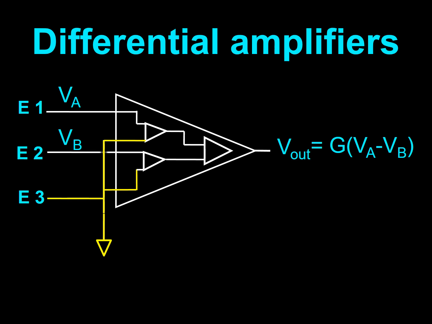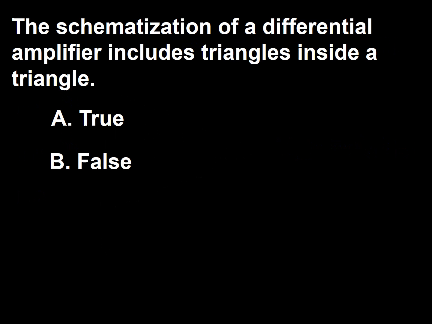This model can be simplified by reducing the size of the triangles and enclosing them in another triangle. Such a change leads to this figure. So the answer to this question is true.